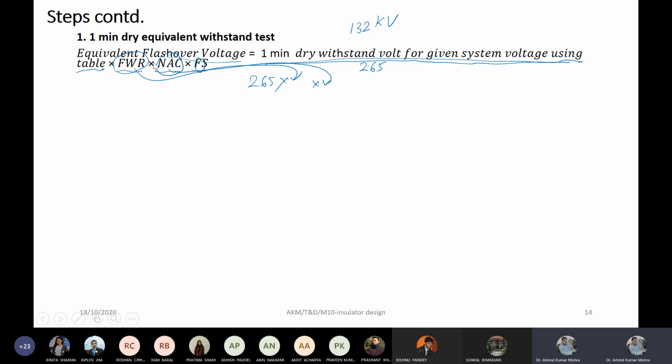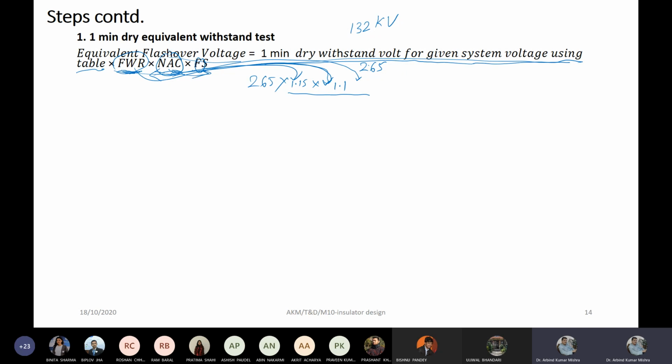Say the flashover to withstand ratio as per the standard is 1.15, and the atmospheric condition maybe 1.1. The exact values I am writing are approximate; after this class you will carry out a numerical exercise in which Anil sir will provide the exact values of these ratios. These differ in utility practice.